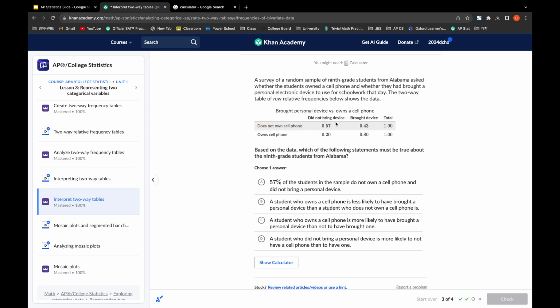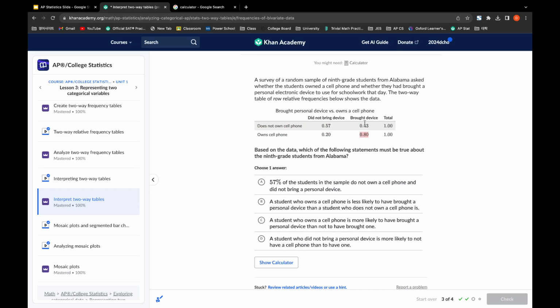This is incorrect since this 57% is only for this entire population. B: a student who owns a cell phone is less likely to have brought a personal device than a student who does not own a cell phone.